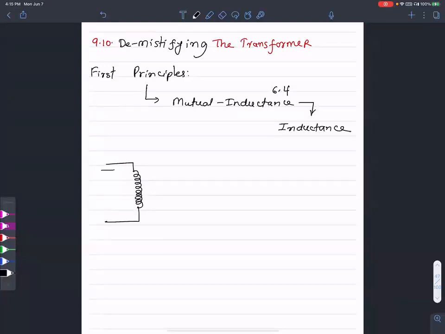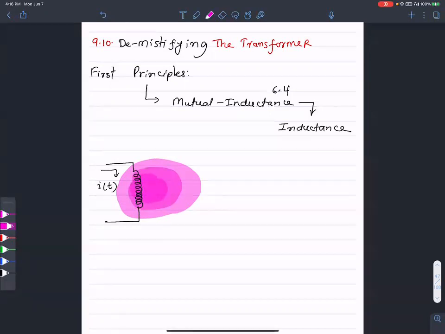Now if you pass a time varying current through an inductor, this sets up a magnetic field. This is the first principles understanding of the physics underlying this. There is an underlying magnetic field set up by this inductor, and this magnetic field is also time varying.